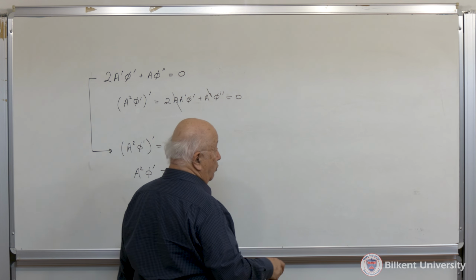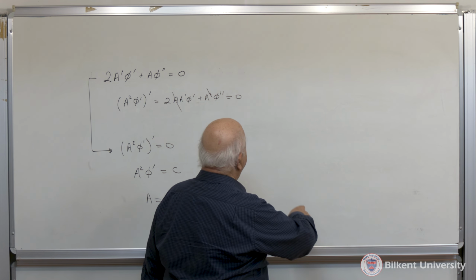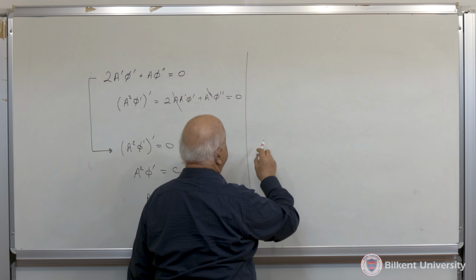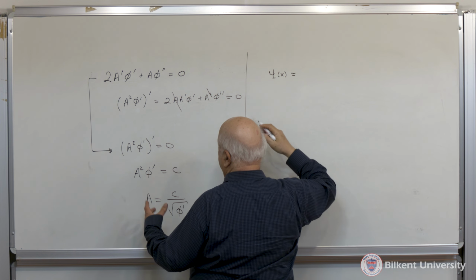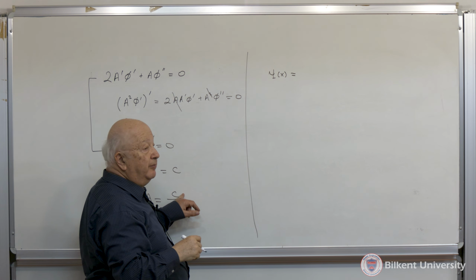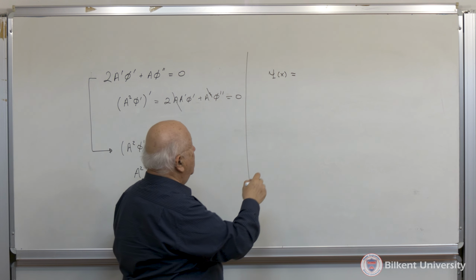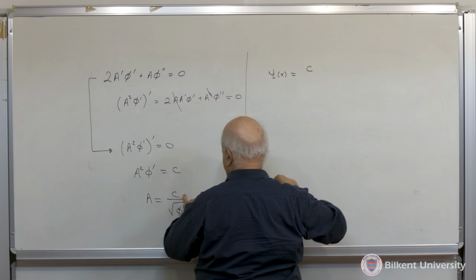All right, so what do I have? Let's just summarize this. Our psi of x is going to be equal to, okay, a contains the c, so I'll just put that c in here.